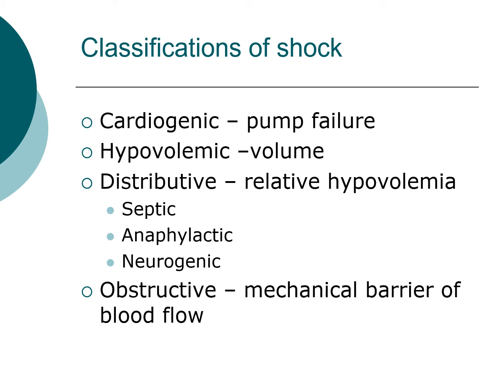So if you take your medium coffee, it's full to the top, and you dump it into the large cup, it doesn't fill the container. So that's what's happening when you have a relative hypovolemia. You haven't lost any volume. You haven't lost any amount of coffee. But by moving it into a larger container, it looks like you've lost.